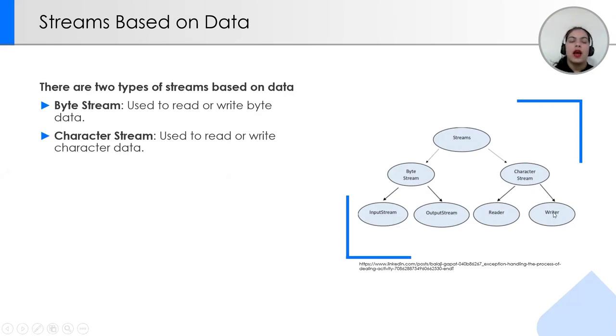So if we are reading and writing something, we are talking about the character stream. And if we are providing the input and getting the output, we are talking about the byte stream. So why is there a difference? Because input means providing the input, that is reading the input.